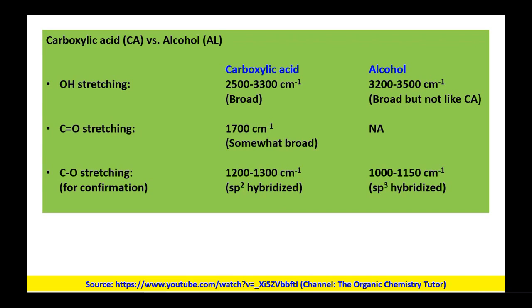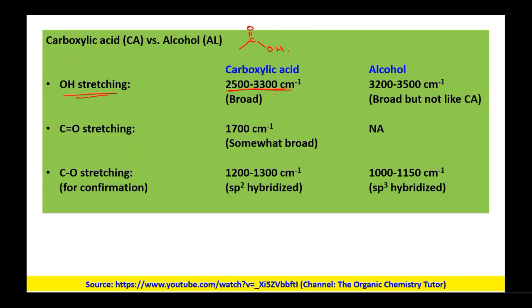Then coming to the carboxylic acid and alcohol. In the carboxylic acid, we have C double bond O and OH. With stretching, you will be having a broad peak in 2500 to 3300.